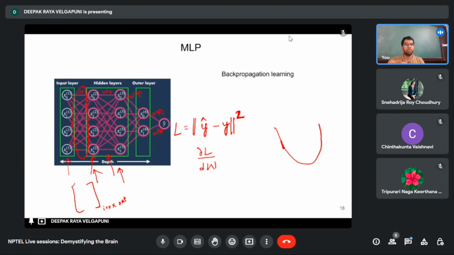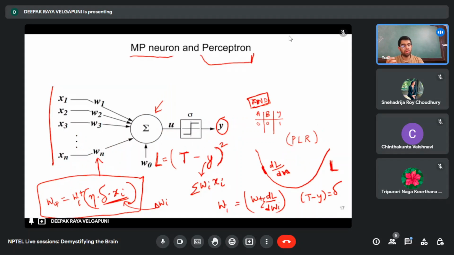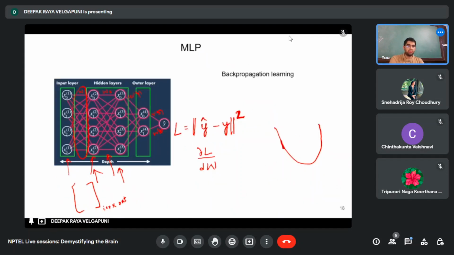Similar to the single layer McCulloch-Pitts neuron, here also you can do the same thing, but since there are multiple layers, you back propagate at every stage and use the chain rule of differentiation. You first differentiate with respect to y and then differentiate y with respect to the weights, something like that.